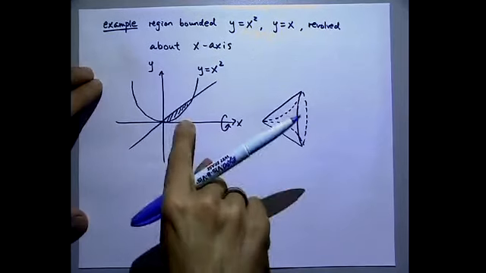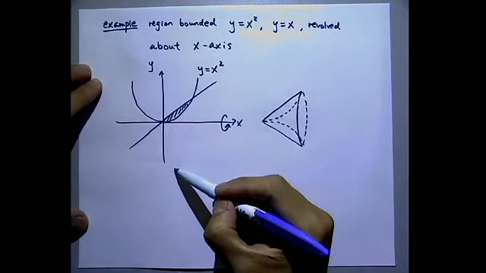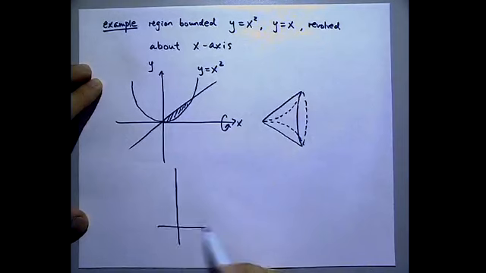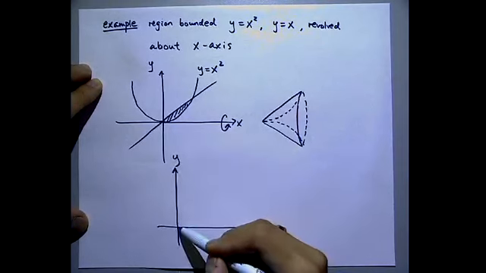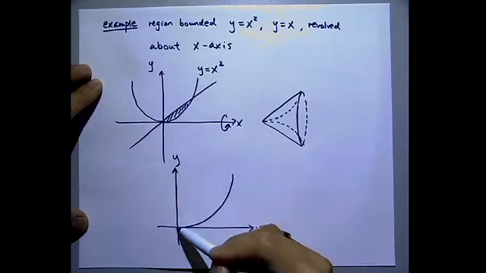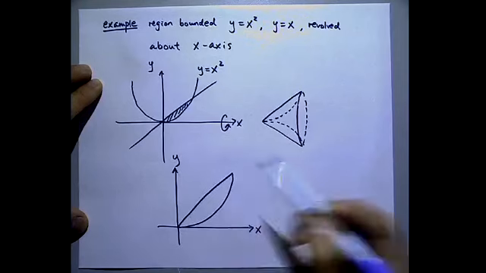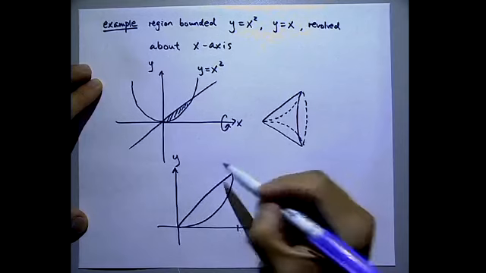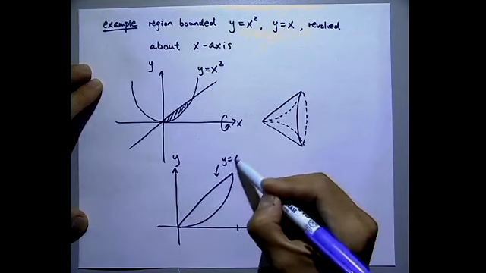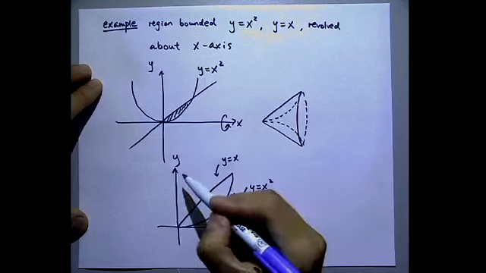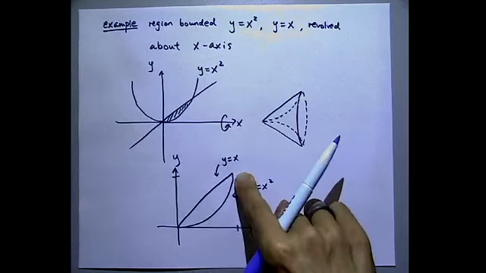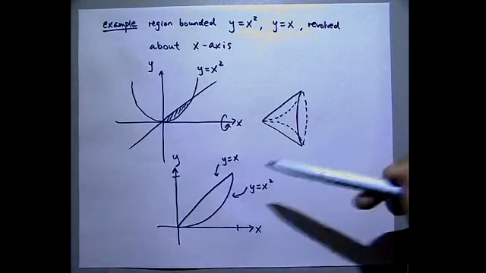Okay, let's draw this region a little bit larger here. We're going to work with a rectangle inside. Where do they intersect? This one is pretty easy to see.